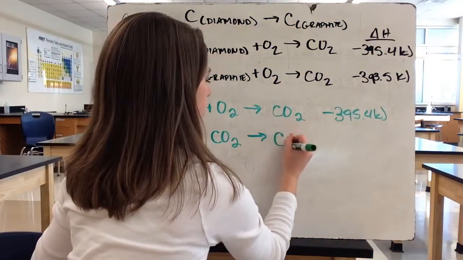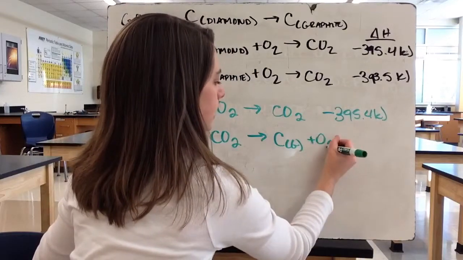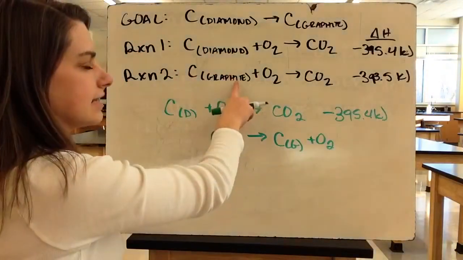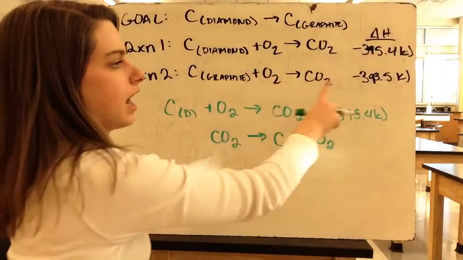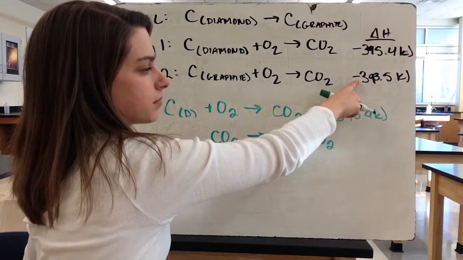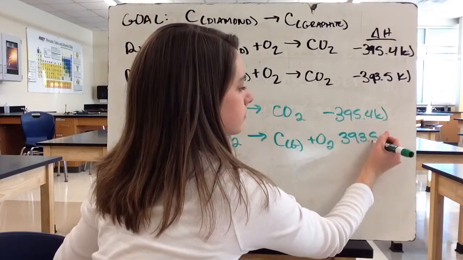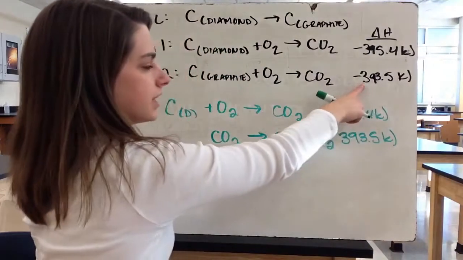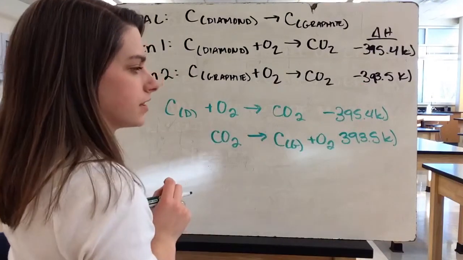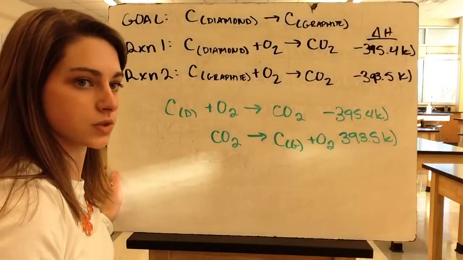So I'm going to end with carbon in graphite form and oxygen. Since I flipped the reaction, I have to flip the sign of the delta H. So instead of this being a negative number, this is going to become a positive number. So instead of it being negative 393.5 kilojoules, I now have a positive 393.5 kilojoules.